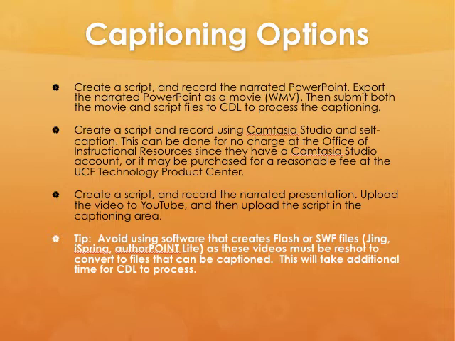Upload the video to YouTube and then upload the script in the captioning area. Another tip, avoid using software that creates Flash or SWF files, such as Jing, iSpring, or AuthorPoint Lite, as these videos must be reshot to convert to files that can be captioned, and this will take additional time.